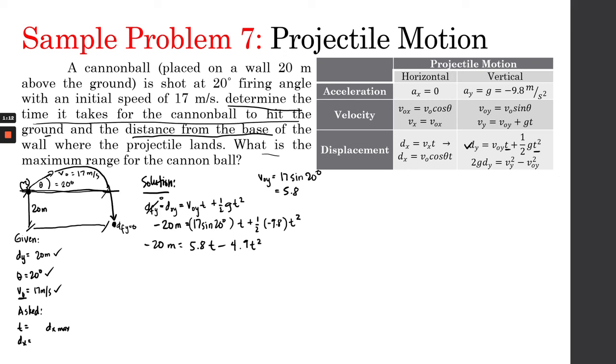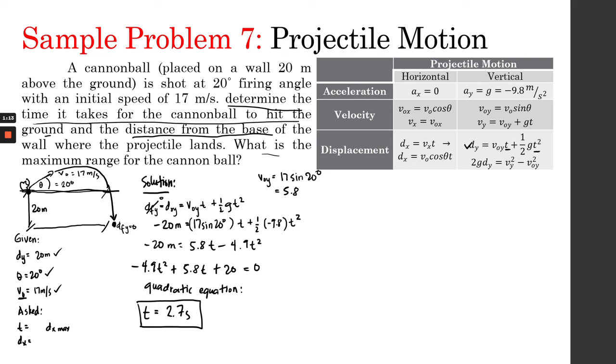So that is negative 4.9 t squared plus 5.8 t plus 20 is equals to 0. So this is not a perfect square. You will have to use the quadratic equation again, and you'll be able to solve for the time. The time is actually equals to 2.7 seconds. So the time for the cannonball to reach the ground is 2.7 seconds.